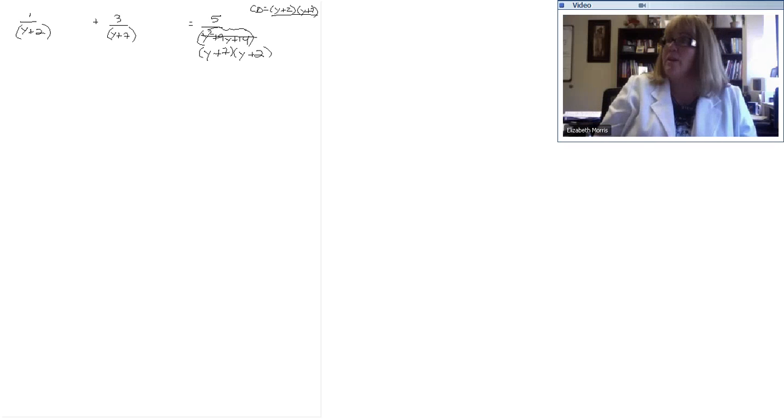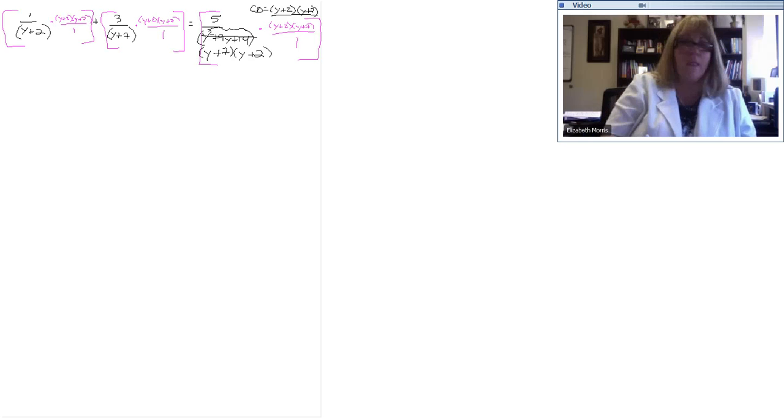So we are going to multiply each piece by y plus 2 times y plus 7. Each piece. Okay? Look at the first one. y plus 2 is gone, so I have 1 times y plus 7, which is just y plus 7.